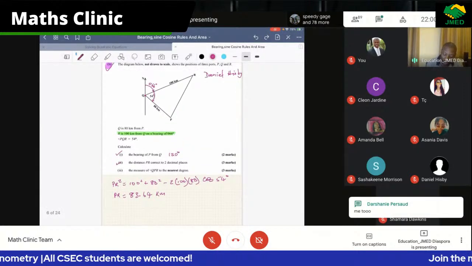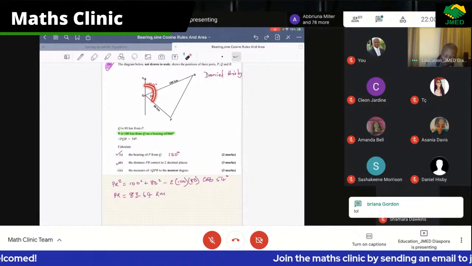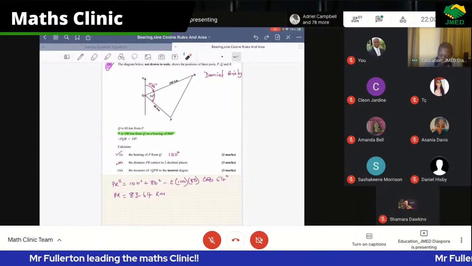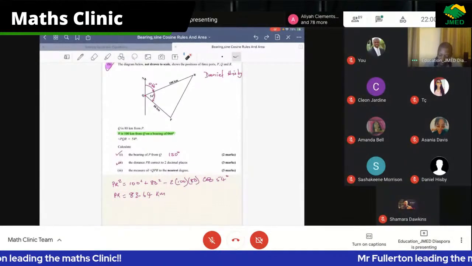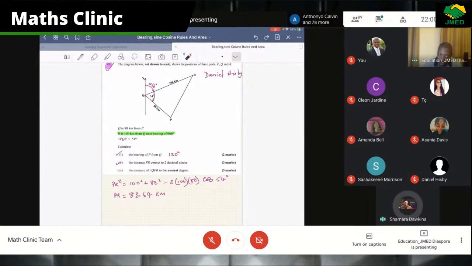The bearing I got from here. So I got this angle here plus this angle there. Sir, I'm talking the 0.66. It was stated in the question here.